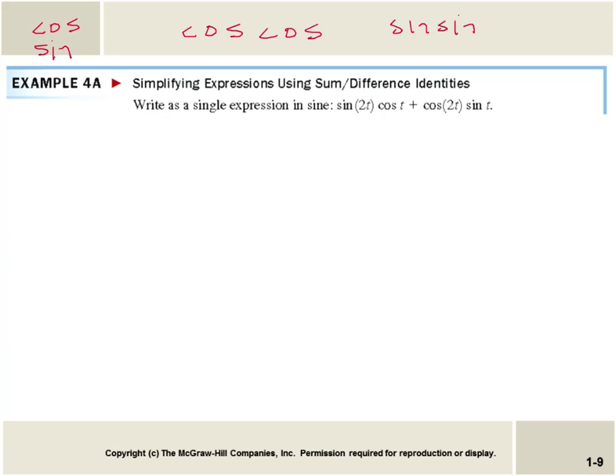Sine has sine, cosine, cosine, sine. See the difference? So it's sine, and because it's sine, it's 2t plus t, because the sign doesn't change on the sine, it only changes on the cosine.